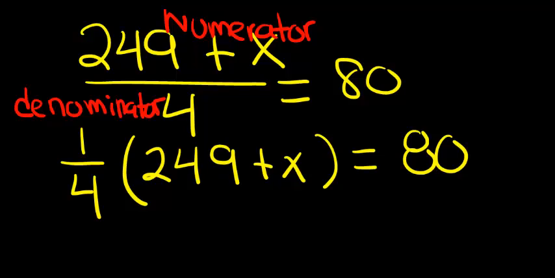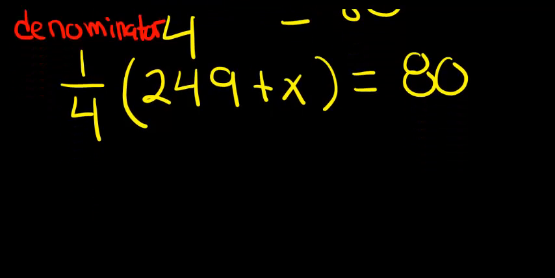And I remember from our work before that anytime I'm dealing with a fraction, I have to multiply each side of the algebraic equation by the reciprocal of the fraction. The reciprocal of this fraction is 4 over 1. We take what's in the numerator, bring it to the denominator, and whatever's in the denominator goes up to the numerator. And we want to make sure that whatever we do to one side, we have to do to the other.